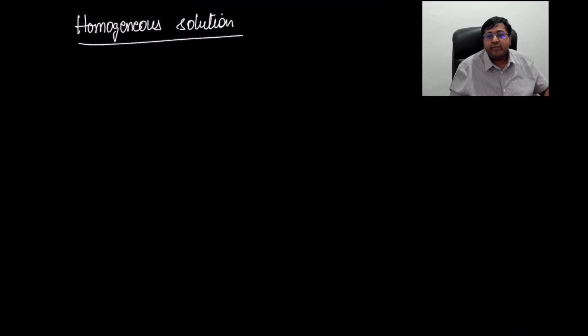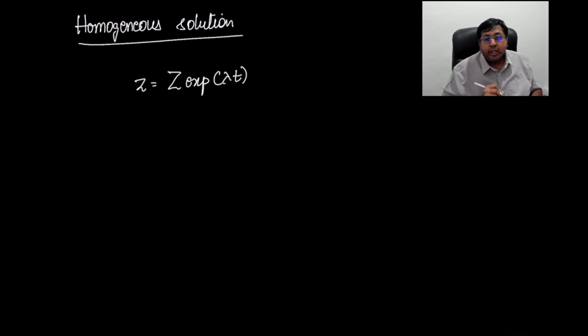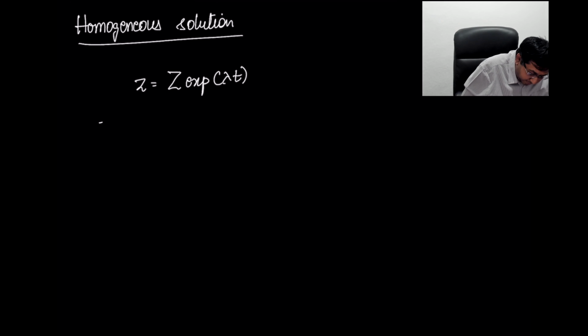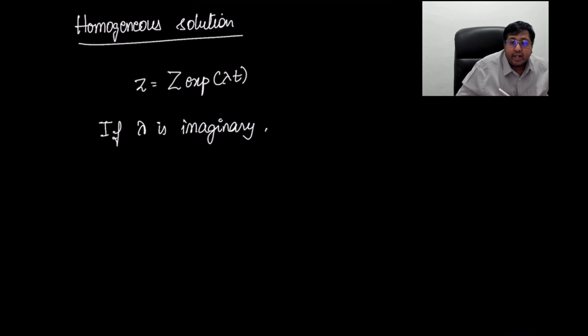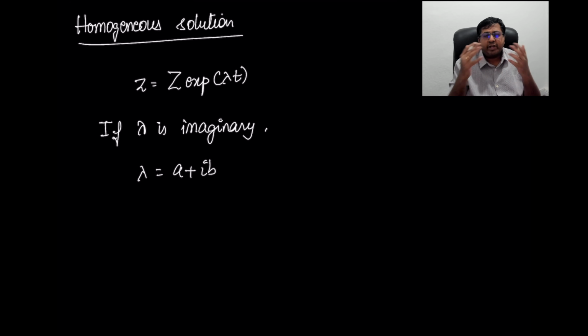If you remember, we said that our solution z is of the form z exponent of lambda t. If lambda is imaginary, as we saw, then I can write lambda is equal to some a plus I into b. I don't know what this a and b are, but I'm just assuming without loss of generality, I can write lambda equal to a plus I into b.